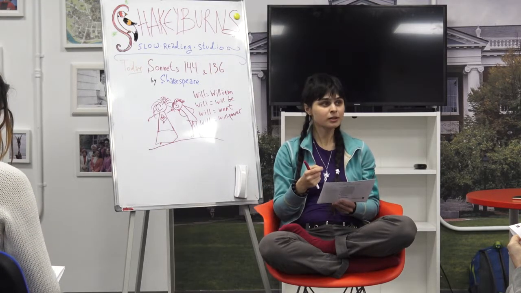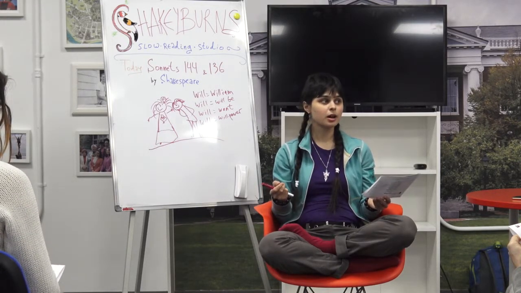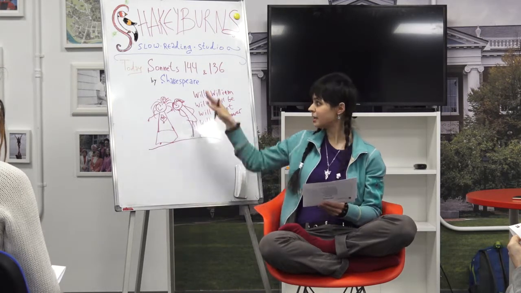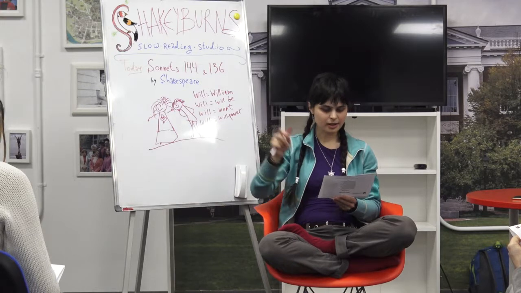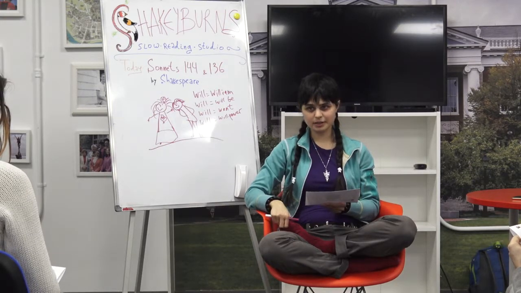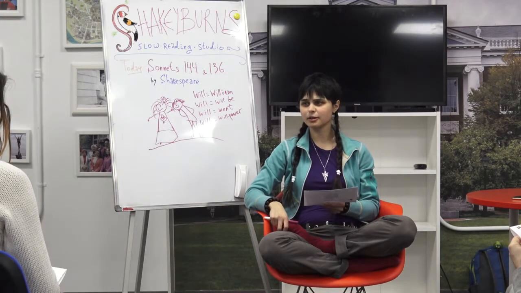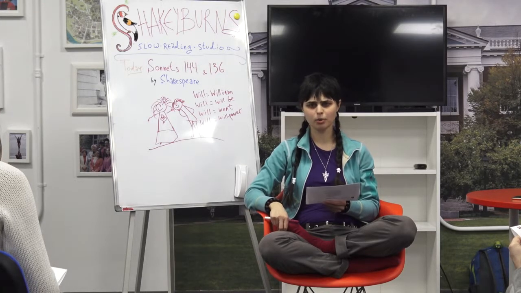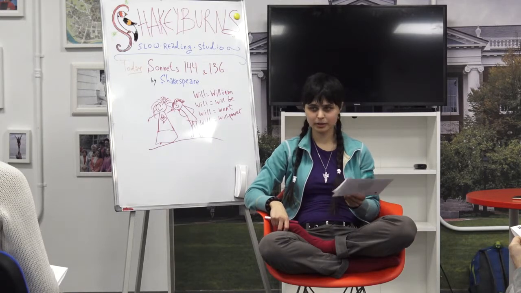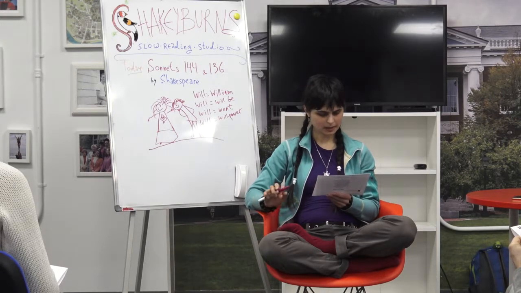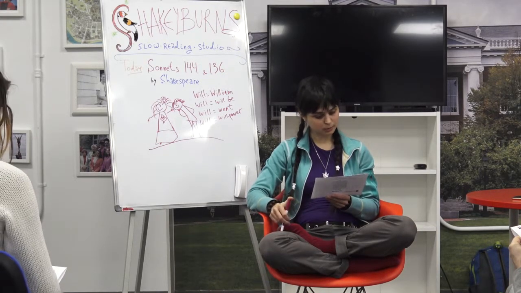Because, and will, thy soul knows. And here, will can be any of this. Again, if you listen to different people, they'll tell you, oh, you can't write a poem where you repeat the same word. Of course you can. You can do whatever you like. And will, thy soul knows.